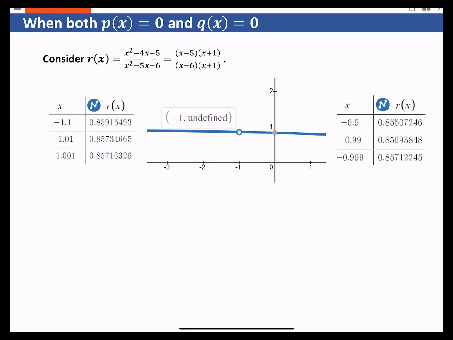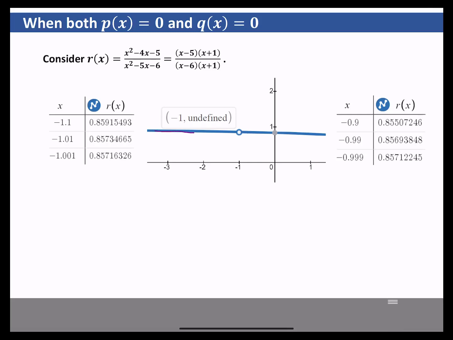So here we see the graph of r of x zoomed in near x equals negative 1 again, as well as a table of values for r of x near x equals negative 1. Notice that as x approaches negative 1 from the left, the output values of r of x seem to be getting closer to 0.857 something.